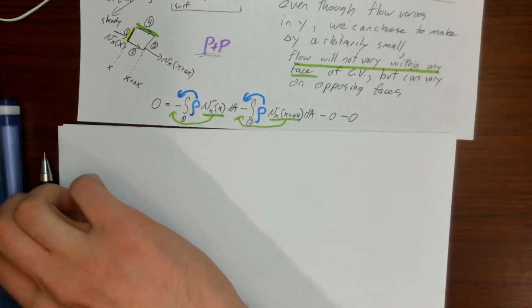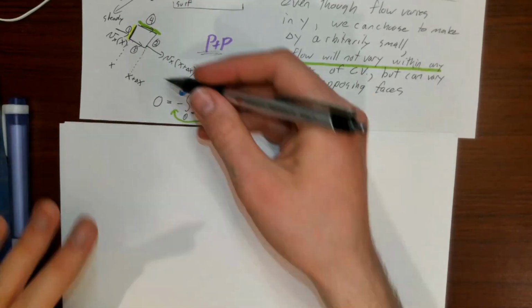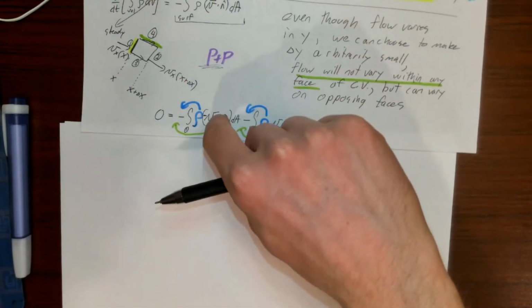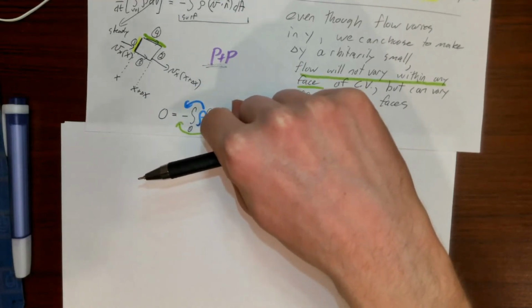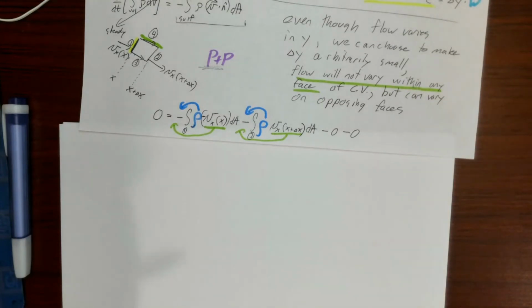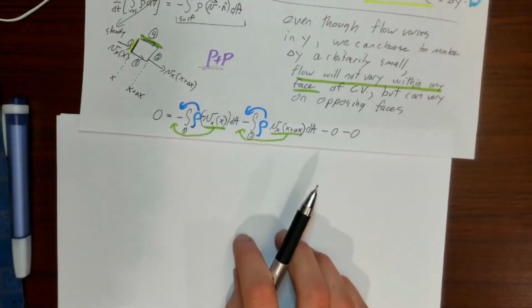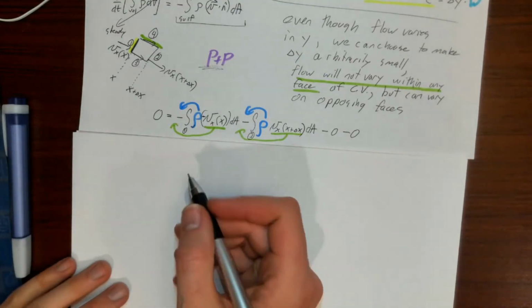What did I forget here? Forgot a minus sign, right? Vx is pointed this way and n is pointed this way for surface 1. So the v dot n should be minus Vx at x for this surface. But it's positive Vx at x plus delta x for that other surface. Got it. All right, so what do we have here?